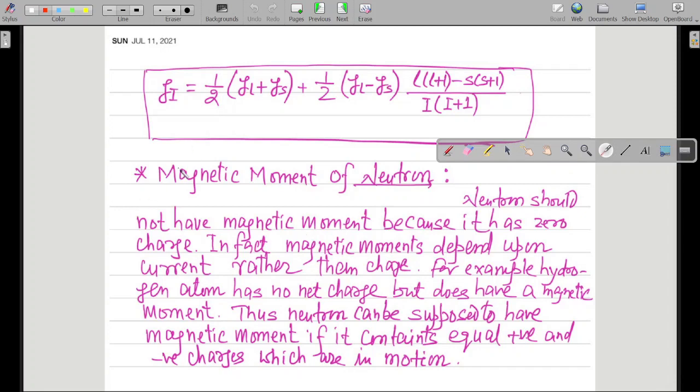So, magnetic moment of neutron. Now let us see this particular thing. You know very well that the neutron is chargeless, so someone might feel that it has no magnetic moment, but that concept is wrong.